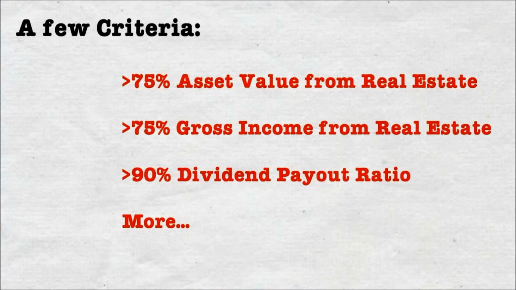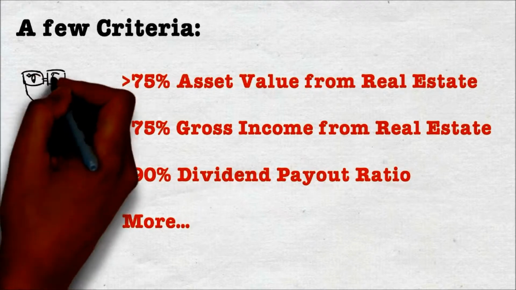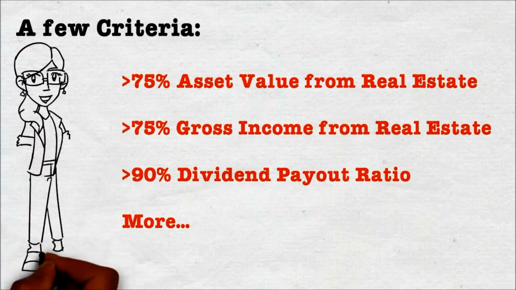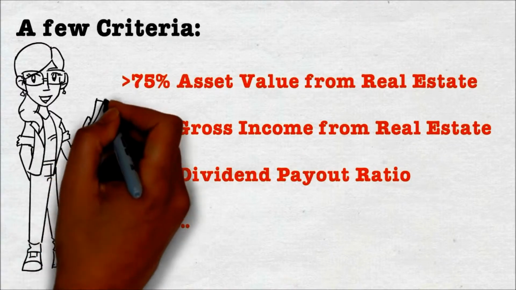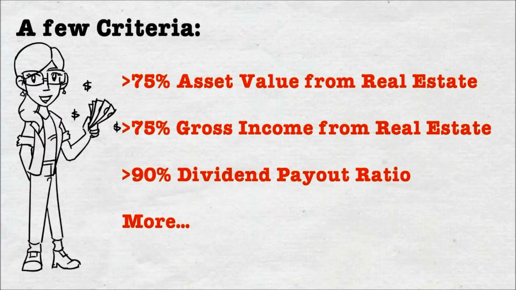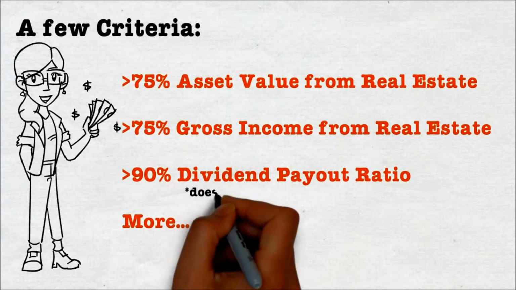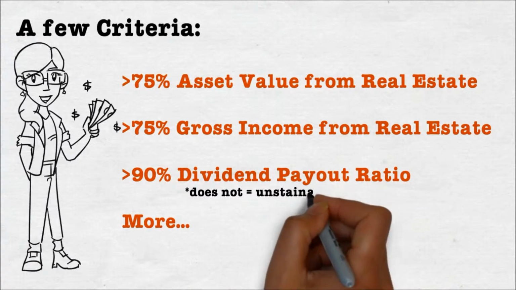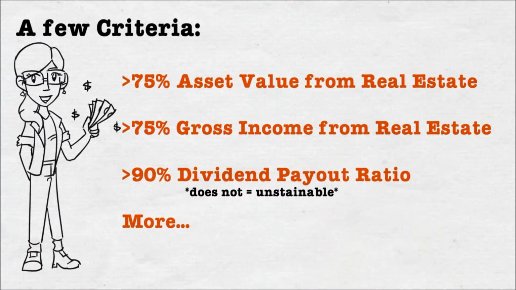The other thing that's very important to note is that it needs to have a dividend payout ratio of at least 90%. Now this is quite important for us, guys, because if you remember correctly, in the how to choose dividend paying stocks video, I was saying try not to get a stock with too high a dividend payout ratio, because a dividend payout ratio is a measure of sustainability.